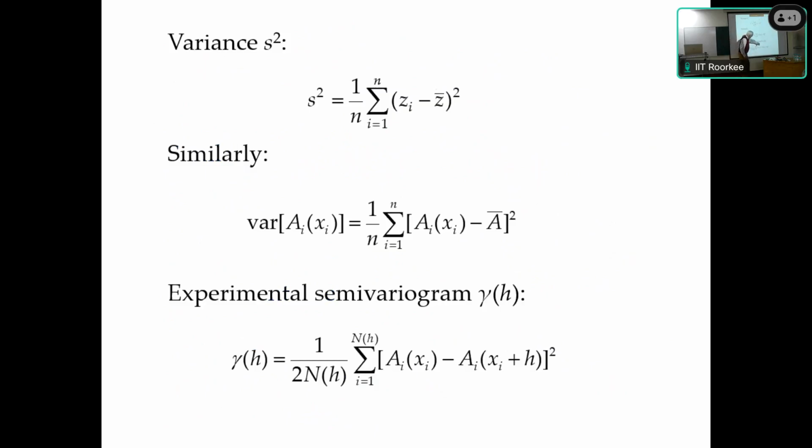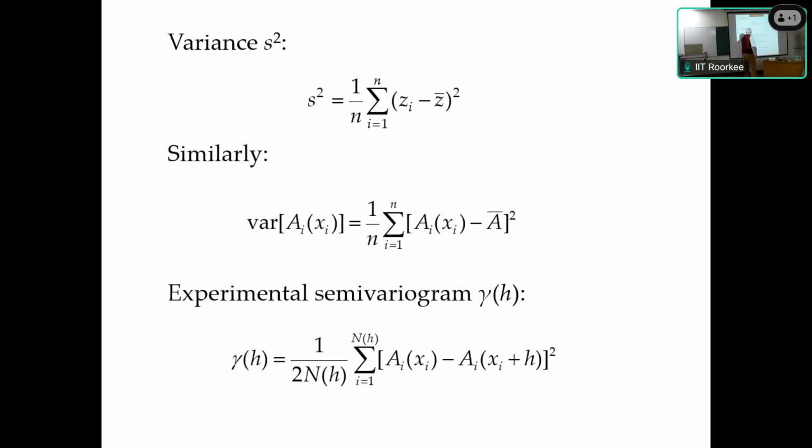So here we have that difference between observation A at location xi minus A at xi plus the lag. So the difference between these two observations, that difference is squared. And then all those differences that we observe for this distance, so all pairs, 1 on 1, 1 on 1, 1 on 1, all those pairs that are separated by the same lag, averaged.